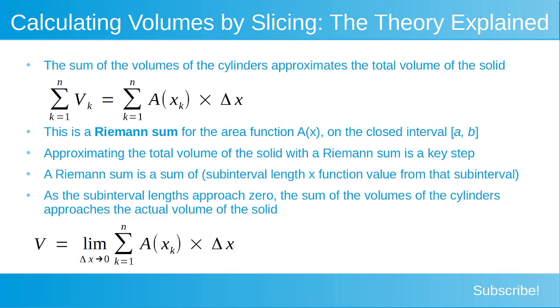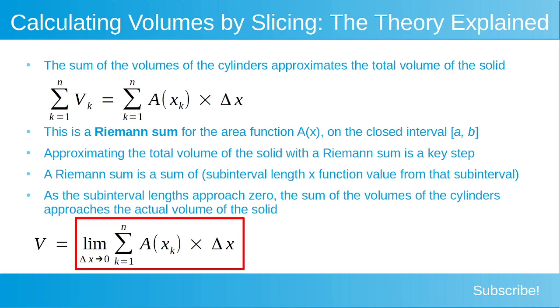Now, we can equate the actual volume of the solid as being equal to this limit as the subinterval lengths approach 0 of the sum from k equals 1 to n of A of x_k multiplied by delta x.